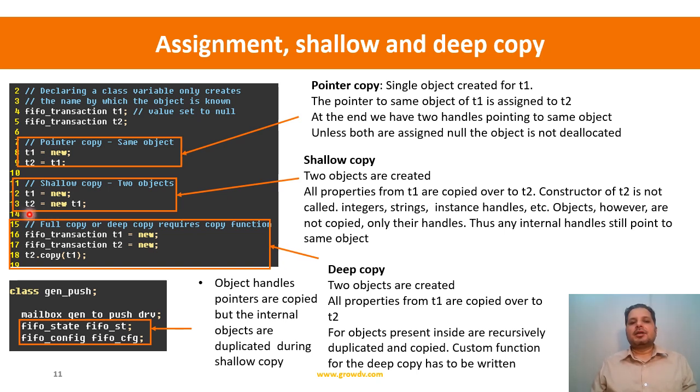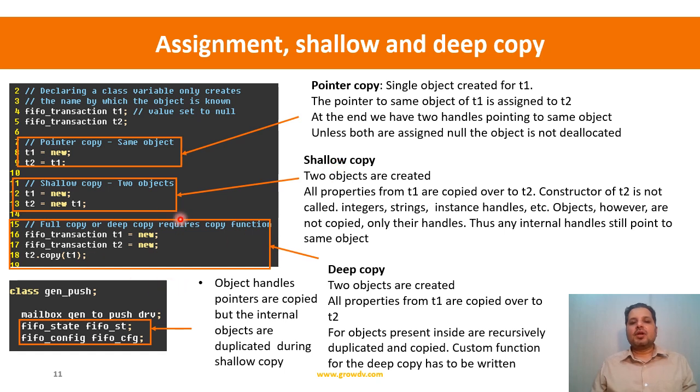T2 and T1 are pointing to different objects, but within those objects, if there are any handles, those internal handles still point to the same object. So within T1 and T2, if I had this state and config object handles, those handles would be pointing to the same object, whereas T1 and T2 themselves are pointing to different objects. So this concept is called shallow copy.